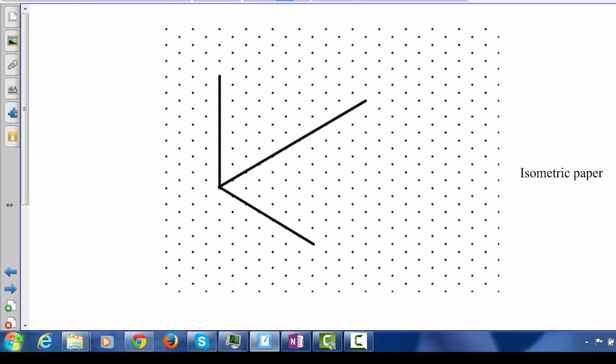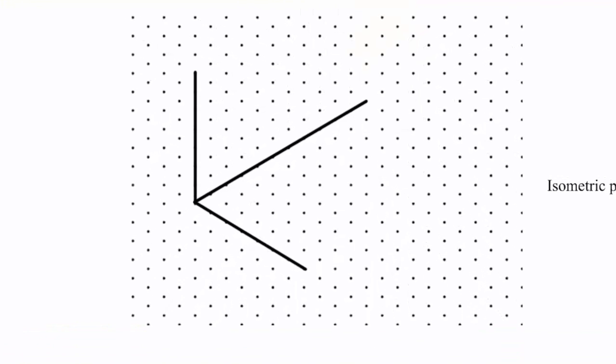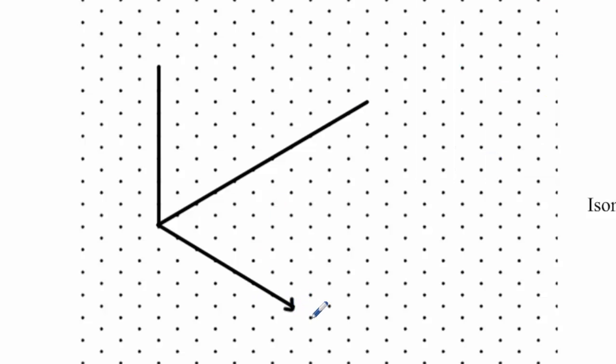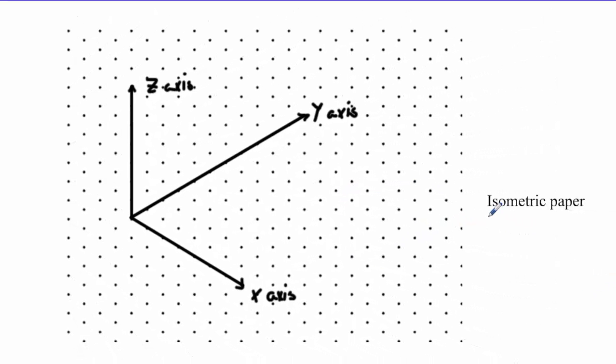So if I want to write on this one, I can do it this way. This one is the x-axis, this one is the y-axis, and this one is the z-axis. As you can see, we call it 3 dimension because of 3 axes, and from the form of the dots you can see right away the difference between isometric paper and grid paper.